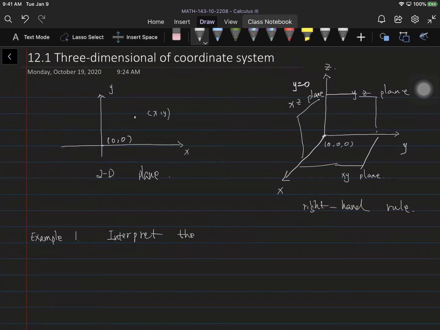The first one, let's take a look: z greater than or equal to 0.